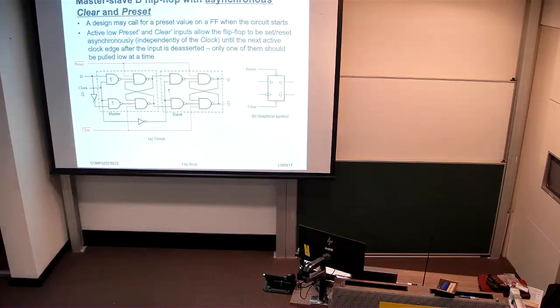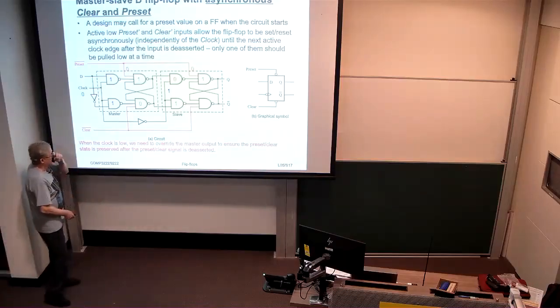But if we want that value to remain for any period after we deassert the preset signal, then we actually have to change the output state of the master as well while the clock is low. And that's why you see a second input here into the master as well on these preset and clear signals.